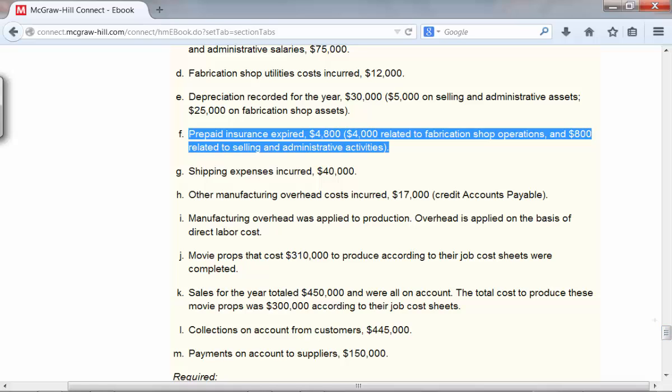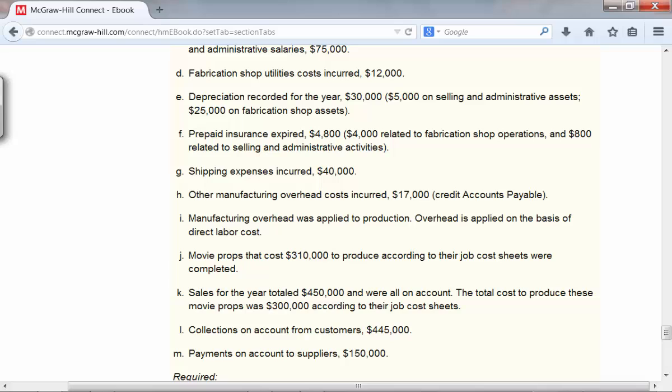So here in part F we have prepaid insurance, which expires, $4,800. So prepaid insurance is money that you spend in advance for insurance to cover a particular time period. Once the time period elapses, then the money you spend for insurance has expired. So prepaid insurance is an asset.